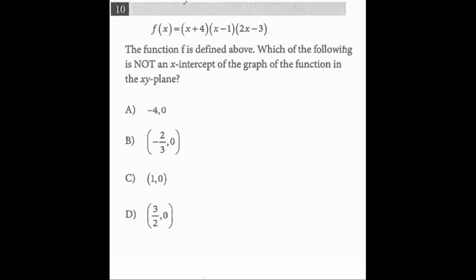Well, the x-intercepts would be x equals -4, x equals 1, and x equals 3 over 2. So the x-intercepts are just where any one of these is equal to 0. So -4 plus 4 would be 0, or 1 minus 1 is 0, and 3 over 2 times 2 is 6 over 2, which is 3, minus 3, which is 0. So which of the following is not an x-intercept? Well, it's not -4. -2/3 is not one of the answers, so the correct answer is B. (1, 0) is, and 3 over 2 is. So the correct answer is B.